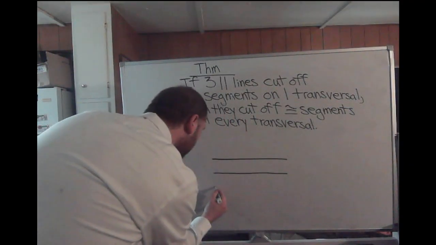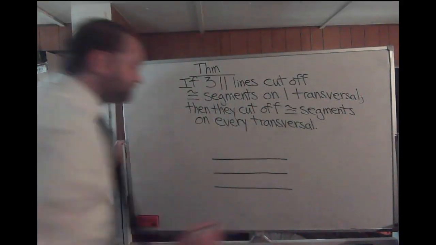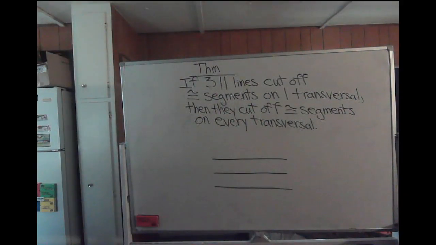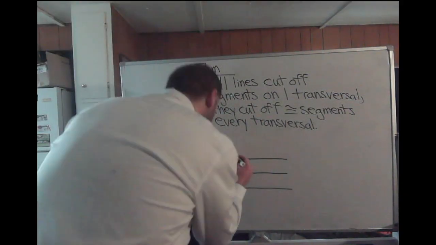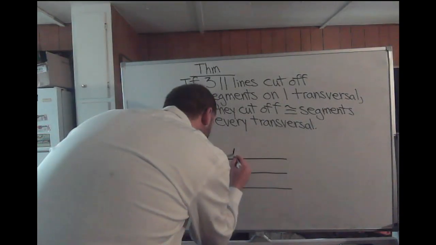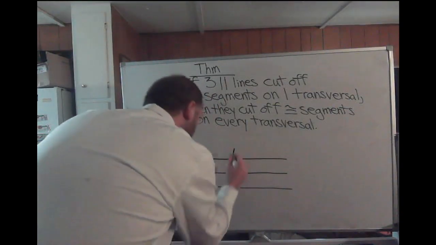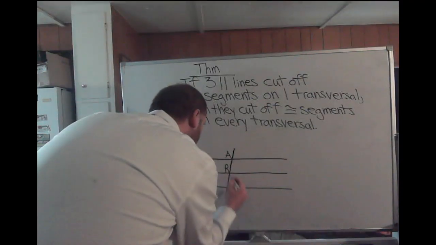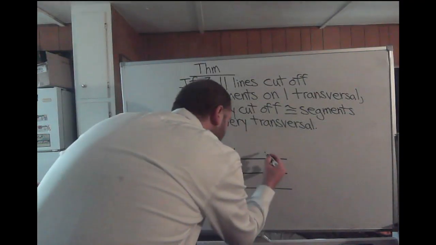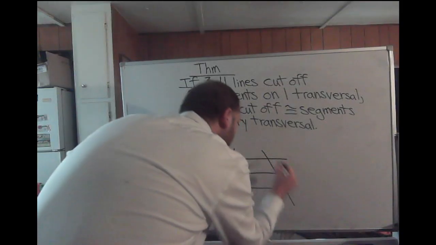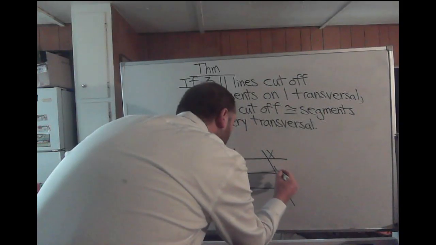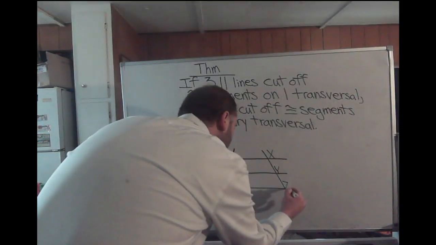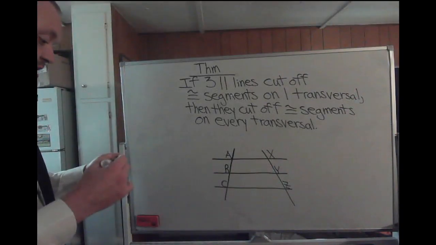Draw three parallel lines, okay? This would be point A, this would be point B, this would be point C, this would be X, Y, and Z, where the transversals come together.